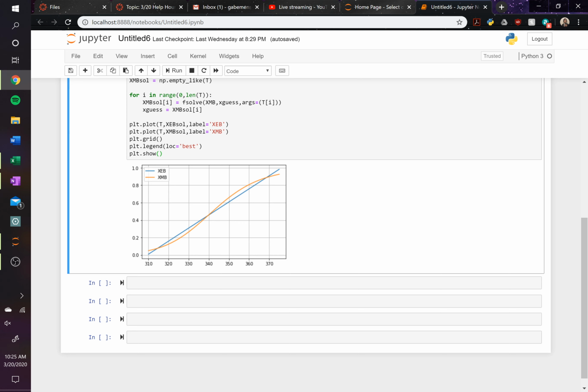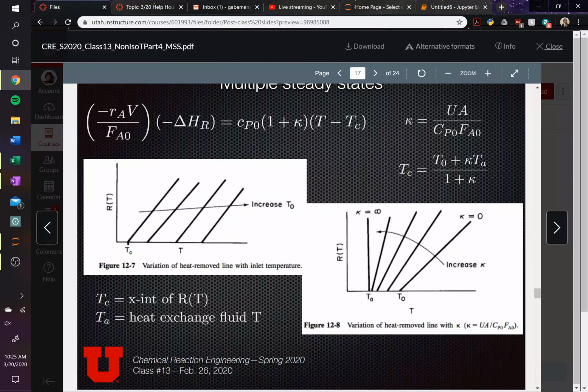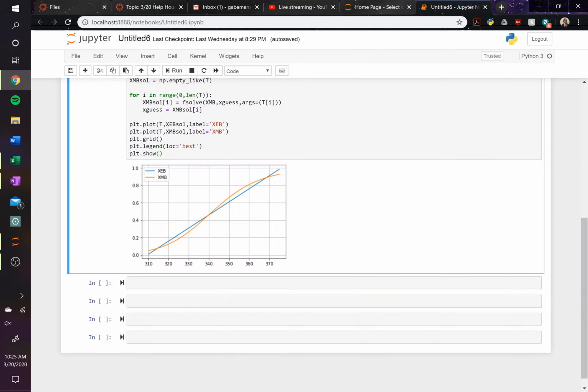If you remember back to other examples, in general, the heat removed is the linear line. So going back, our linear one is our energy balance, so that's the heat removed, making the mass balance the heat generated.